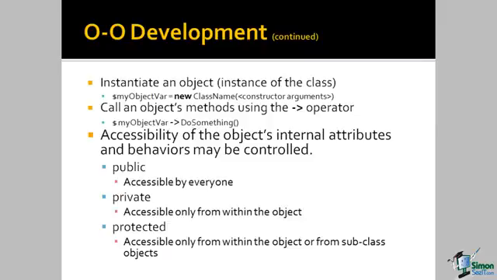Now we want to interact with the object, the behavior in the object. We have another new operator, although we've seen this before. In this case, the arrow operator, which is the minus sign and the greater than symbols, allows us to call the internal behavior of an object.